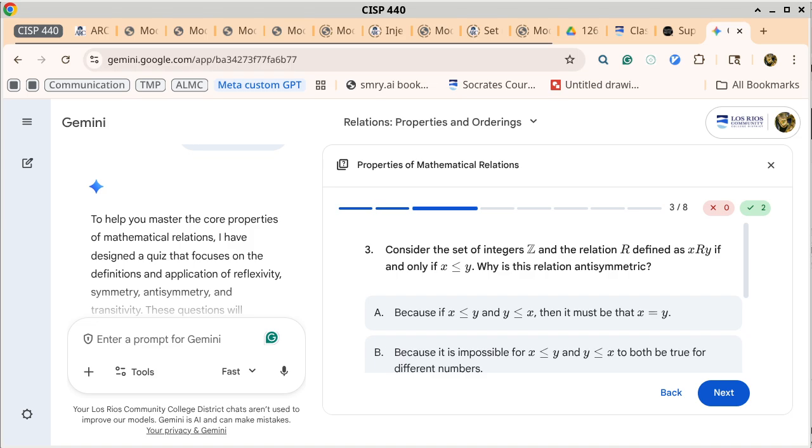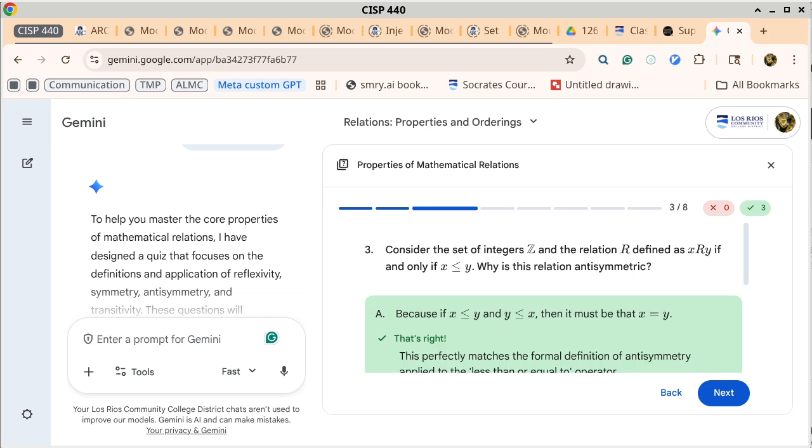It goes back to the anti-symmetry definition: if x is less than or equal to y and y is less than or equal to x, then it must be the case that x equals y. That is the answer, because that works out for integers.